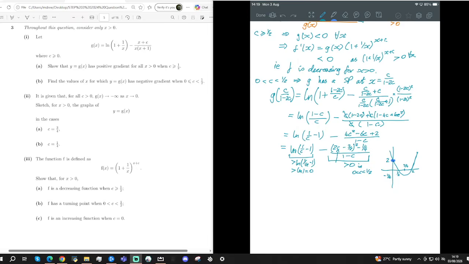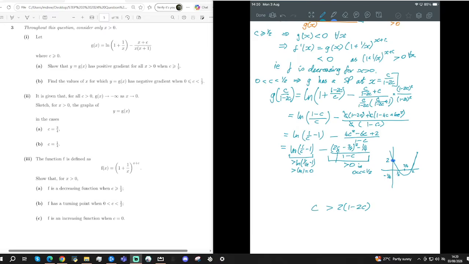If I sub in, is this ever bigger than 1? If I say C over is greater than 1, 1 minus 2C is positive in this region. So that'll be 3C is greater than 1, and C is greater than a third. So that's a possibility. If I say greater than 2, that's going to be 5C is greater than 2/5.